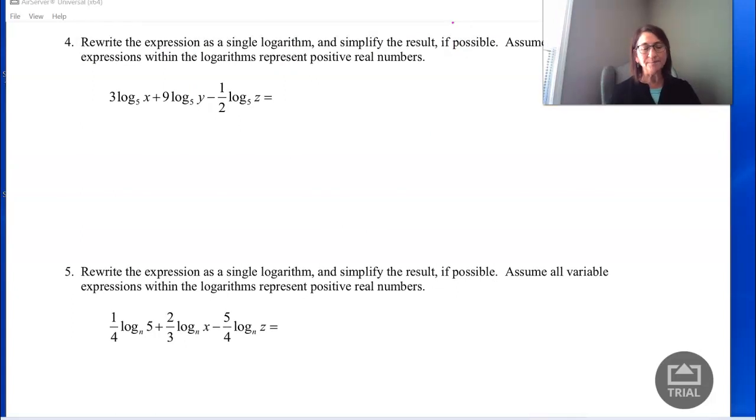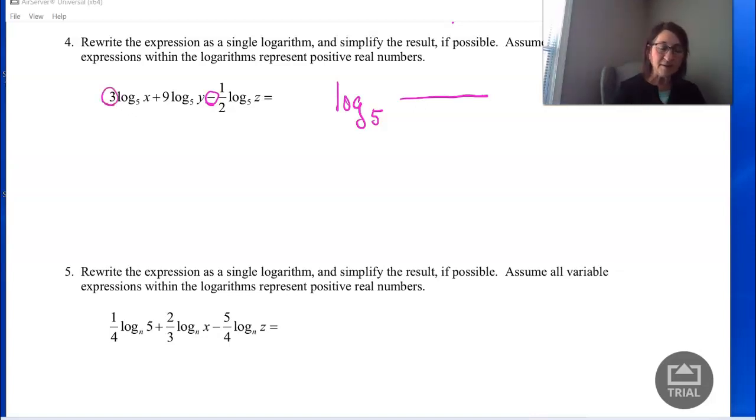So this one, I see that I have one subtraction sign. So that means the argument of my log is going to be a fraction. So I'm going to write log base 5, because my bases are all the same, and put my fraction bar.